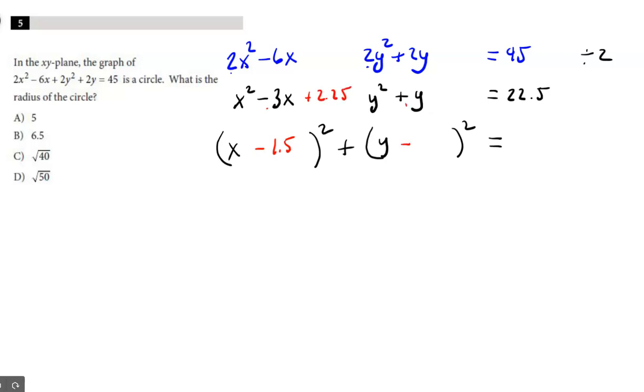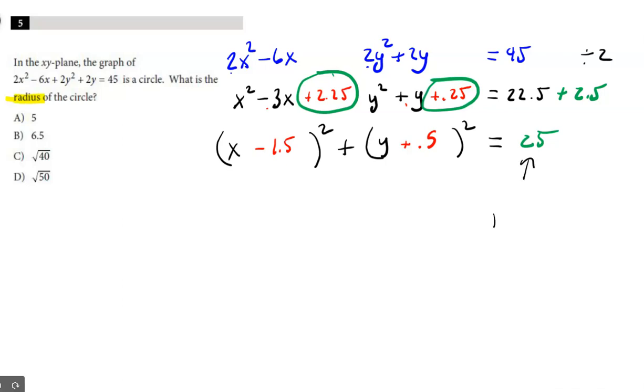Chop this positive 1 in half, and then square it. 0.5 times 0.5 is 0.25. So you'll notice we added an additional 2.5 to the right. So to keep it balanced, we got to add it to the left, which gives us a total over here of 25. And the ultimate goal is they want the radius of the circle. So remember, this right here is r squared.